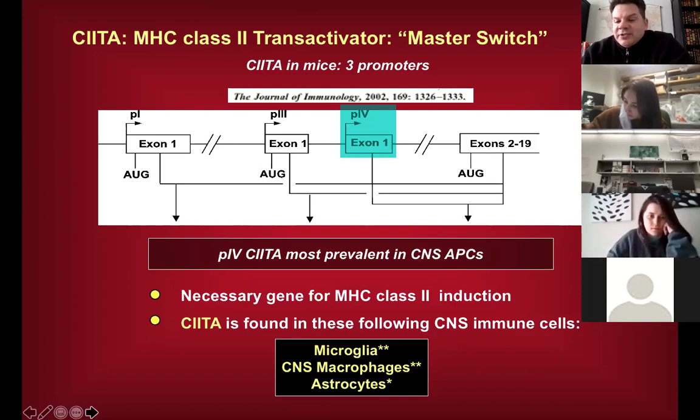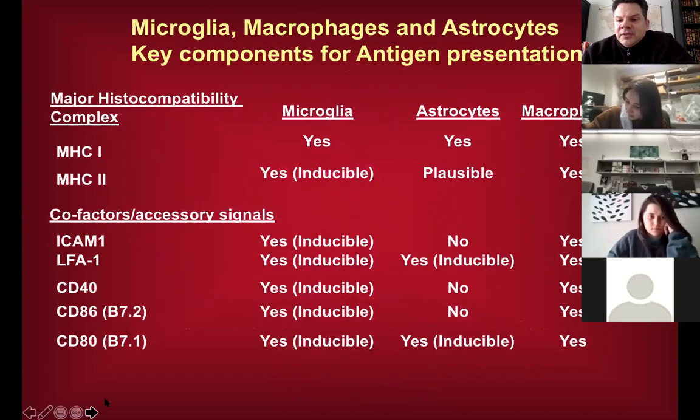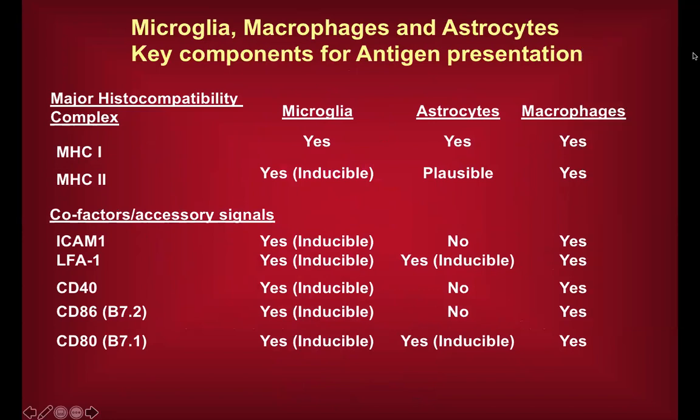So really, those would be the only 3 cell types that theoretically could present antigen. But that doesn't mean they can present antigen. It just tells you that they can do the processing. Let's look at this a little closer. I think what's important here is to think about our CNS macrophages, which come from the bone marrow and really have a macrophage profile. A macrophage is an antigen presenting cell. So does it have MHC class 2?